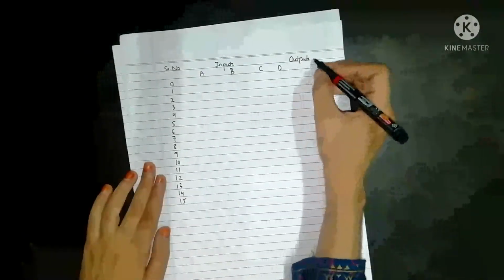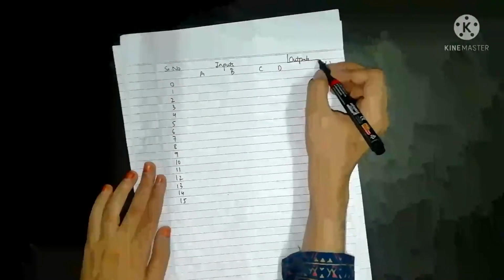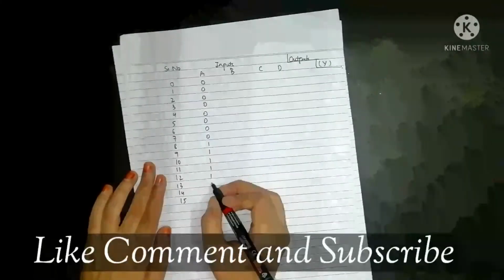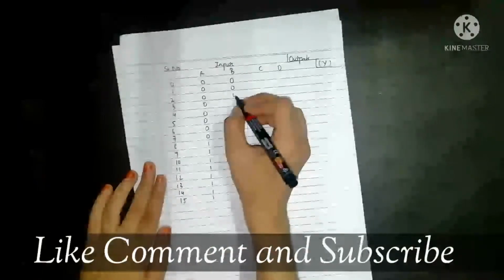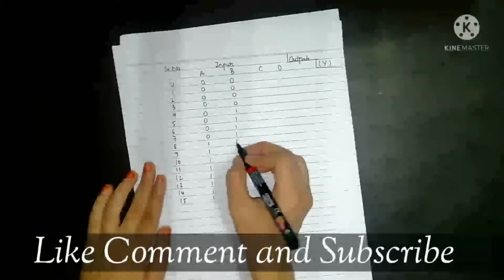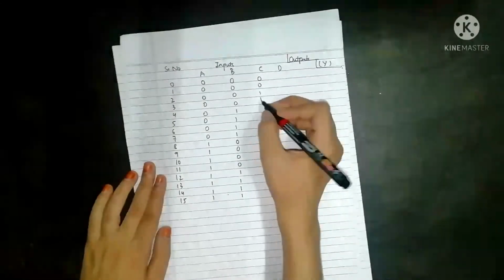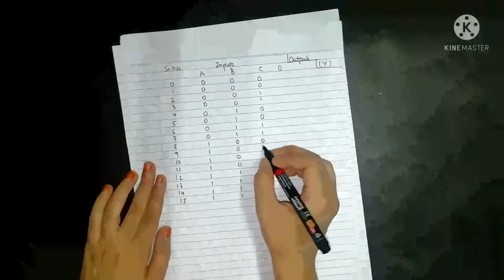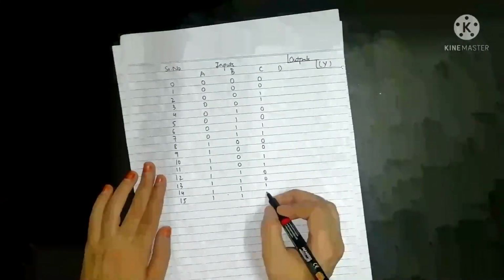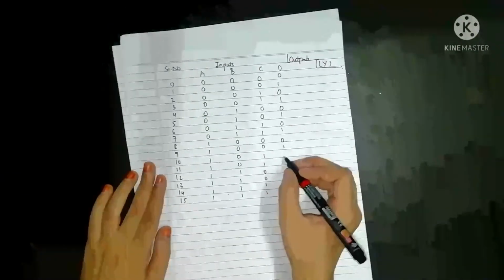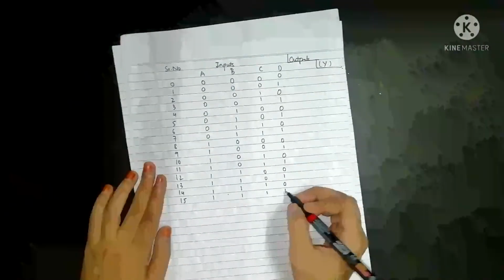Inputs are A, B, C and D. The output is going to be Y. The columns are 0 0 0 0 1 1 1 1 0 0 0 0 1 1 1 1, 0 0 1 1 0 0 1 1 0 0 1 1 0 0 1 1, 0 1 0 1 0 1 0 1.